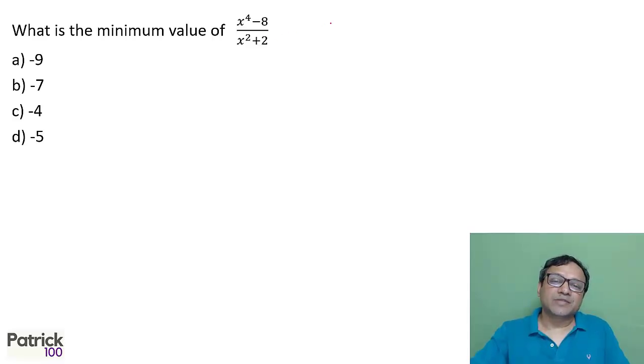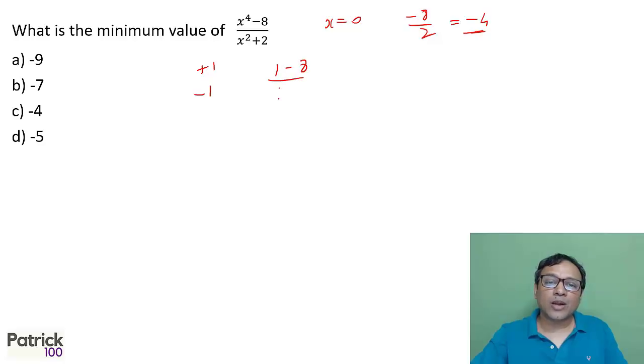For the minimum value, put x equal to 0 first. So you get minus 8 upon 2, which is minus 4. If I put any other value, let's say plus 1 or minus 1, x raised to 4 and x squared will become 1 and 1. This will become minus 7 upon 3, which is bigger than minus 4.